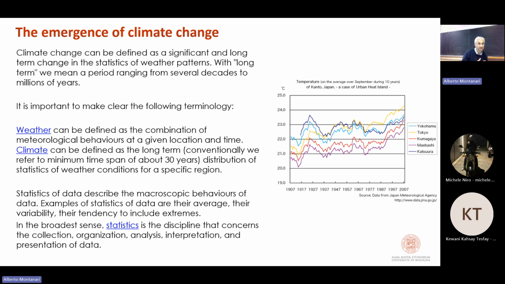Fuzzy logic, machine learning, artificial intelligence. It's part of statistics. Artificial intelligence, it's statistics. And probability. The most classical way of dealing with randomness is indeed probability. We can use artificial intelligence, fuzzy logic, something that is probably more attractive.